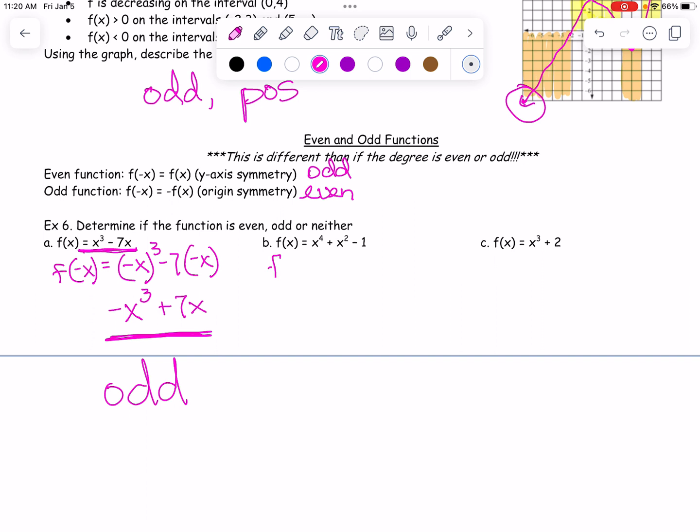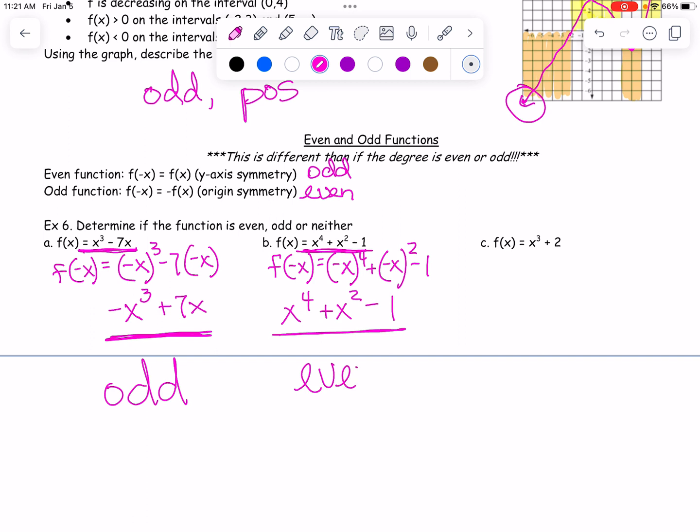So you replace your x with a negative. You go to your equation and replace all of your x's with a negative, and then you simplify. So this would be x to the 4th plus x squared minus 1. You compare this to the original. If the signs did not change, which they didn't, that's going to be even.